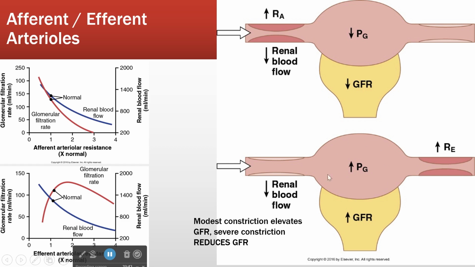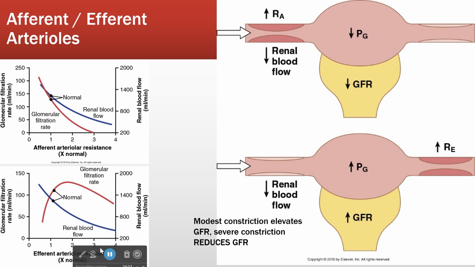So that's going to increase the pressure in front of this resistance. Do you see that? If we restrict here, we're going to have less pressure leaving and therefore more pressure here. So when we constrict the efferent arteriole modestly, and that's where this gets complicated, if we constricted a reasonable amount, we get an increase in glomerular pressure and therefore an increase in GFR.